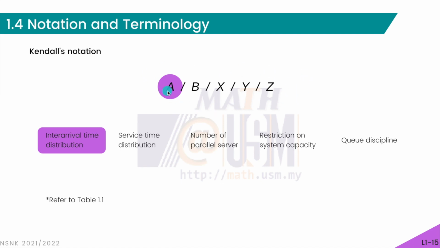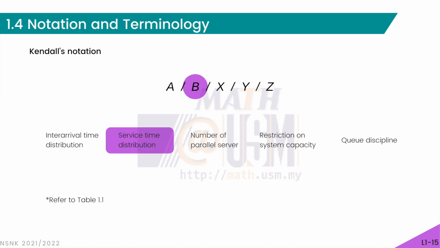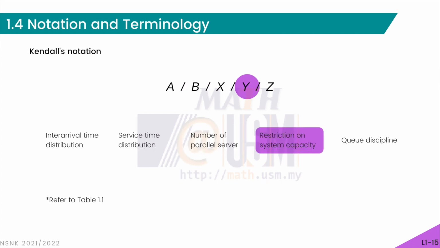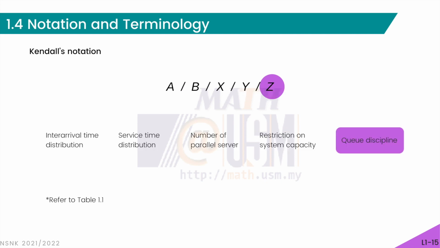A represents the inter-arrival time distribution and B represents the service time distribution. X represents the number of parallel servers, Y is the restriction on system capacity, and Z is your queue discipline.